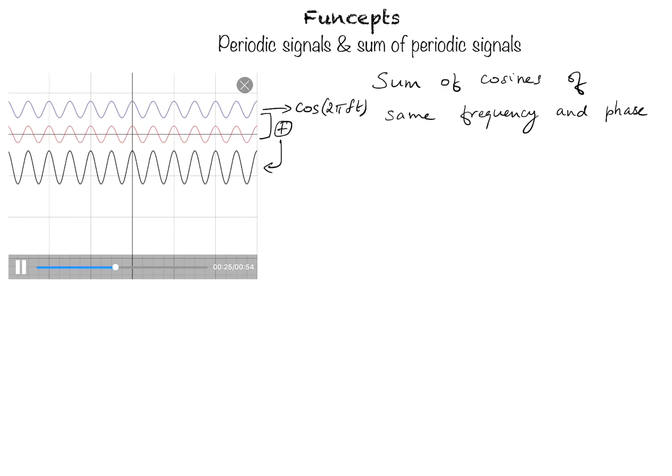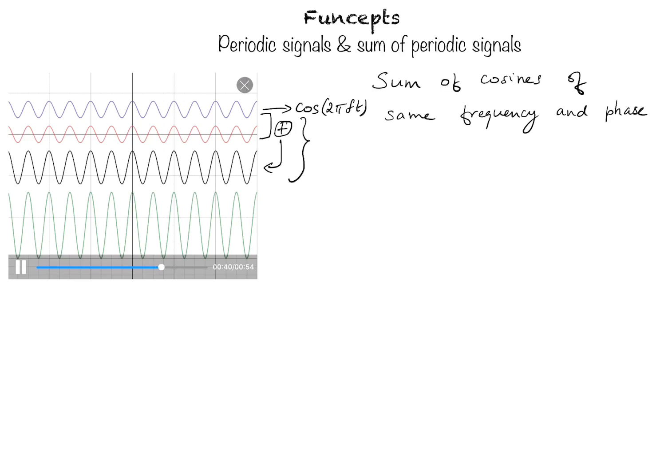What we notice is that the sum of two cosine waveforms is also a cosine waveform when the two cosines that were added were of the same frequency and phase. And then the green waveform is the addition of all three of these cosine waveforms. When we added all three of them, we get this green waveform, which again is a cosine waveform.